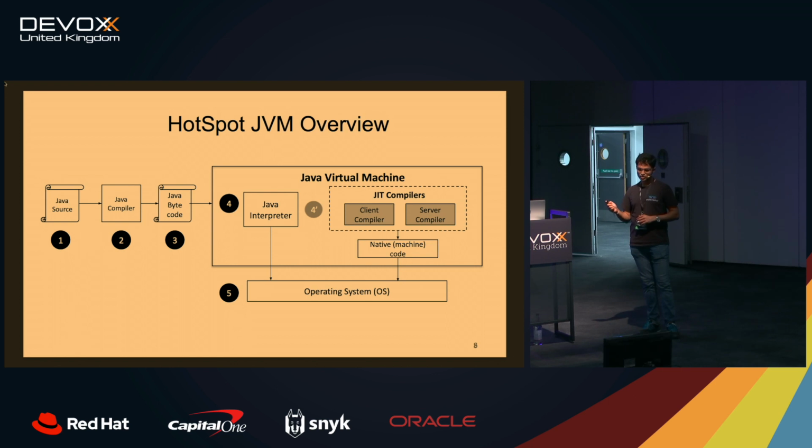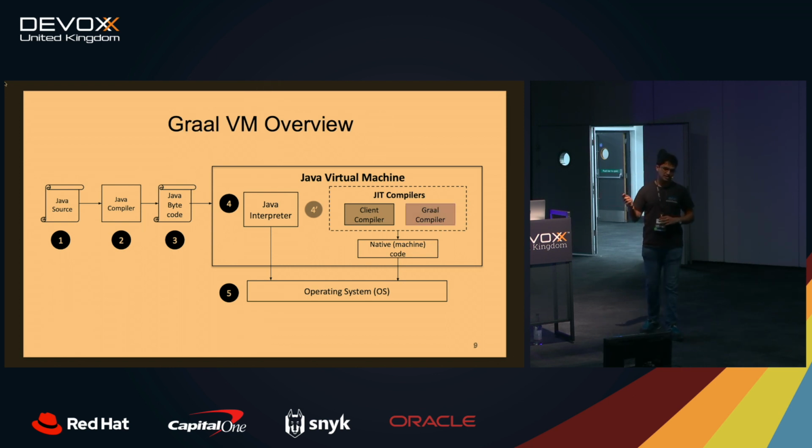What we are going to do today is use Graal. It is the Hotspot JVM, but instead of using the server compiler, we are going to use the Graal compiler. You may have come across Graal in different contexts. Graal is a JIT compiler that you can use in a Hotspot JVM instead of a server compiler.